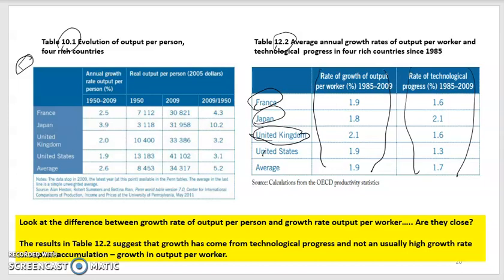But in all three countries, the rate of technological progress, as shown here, has been higher than that of the United States, shown here. Here, we can put a red to emphasize it. Okay, so this is a very important conclusion.